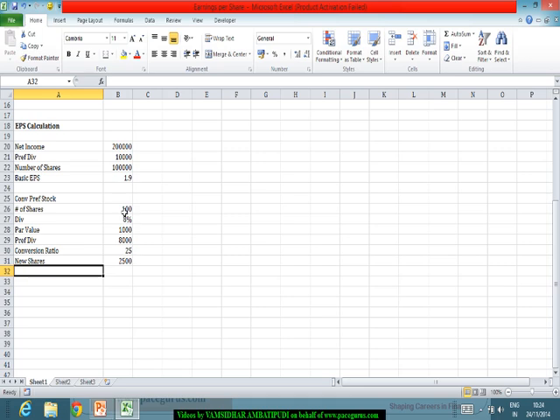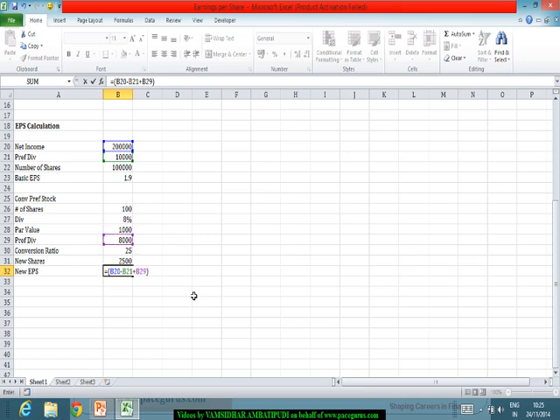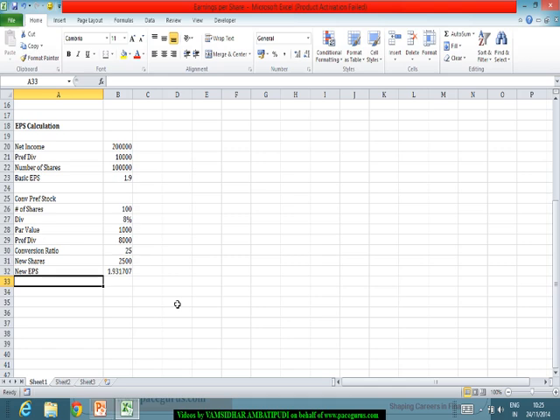The new EPS which I have to look at now is the net income minus the preference dividend that was there, plus the preference dividend which is saved because of this mechanism, divided by the earlier weighted average number of shares plus the new shares that have come out because of this conversion process. This results in a new EPS of 1.93.